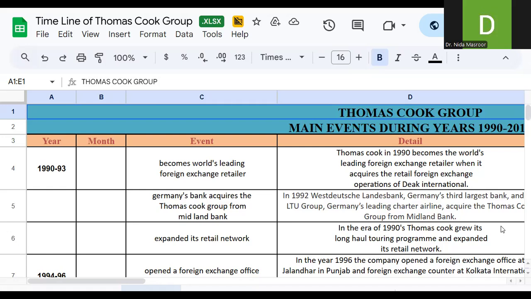Basically, a timeline is a simple element that you use to find out and arrange all the events, incidents, occurrences that happen within the organization over a certain period of time, in an ascending or a descending order as per your requirement.